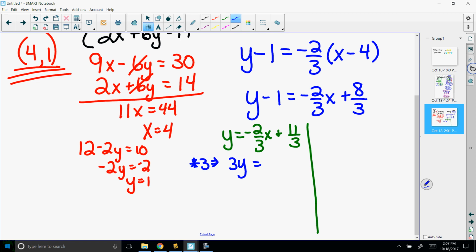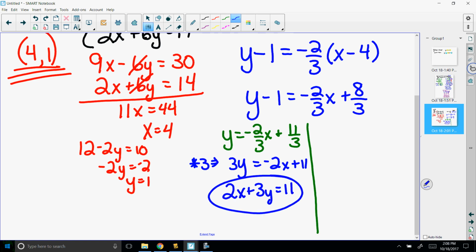So 3y is equal to negative 2x plus 11. To get it in that format, AX plus BY equals C, what are we going to do? Add 2x. So you get 2x plus 3y equals 11. And there's your answer.